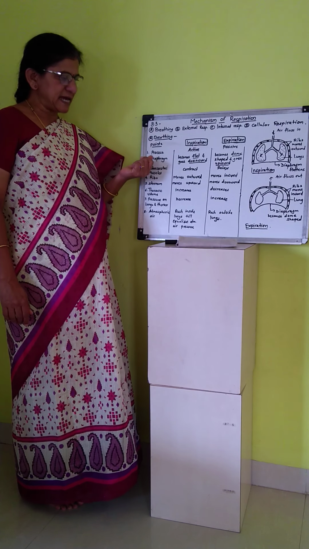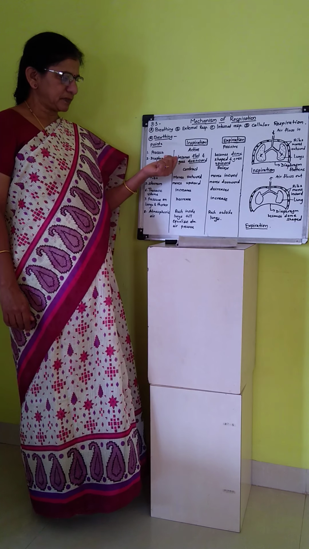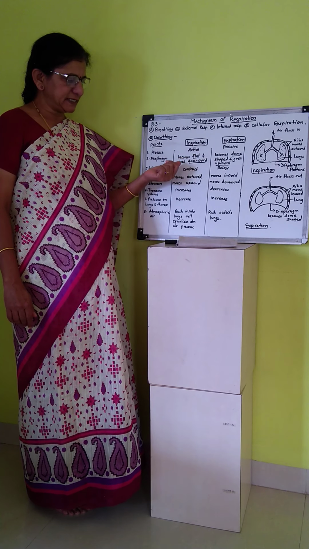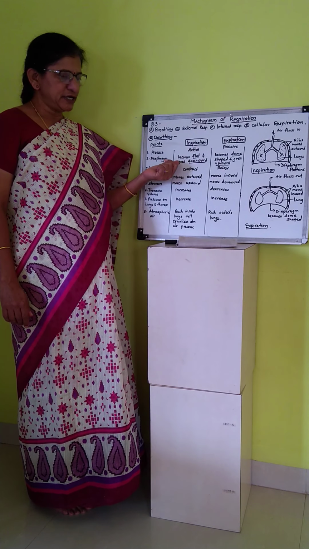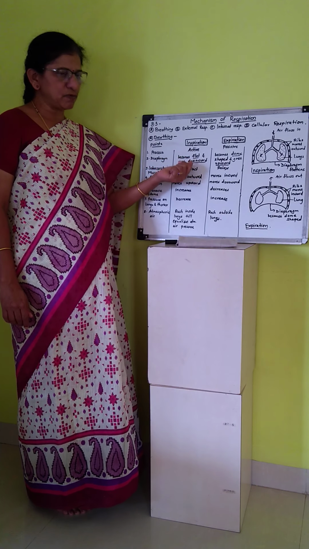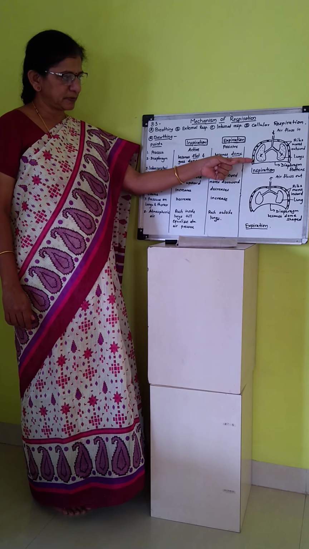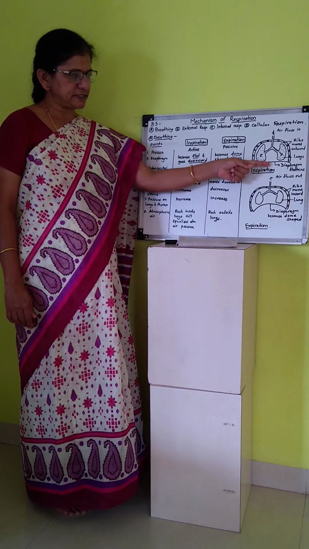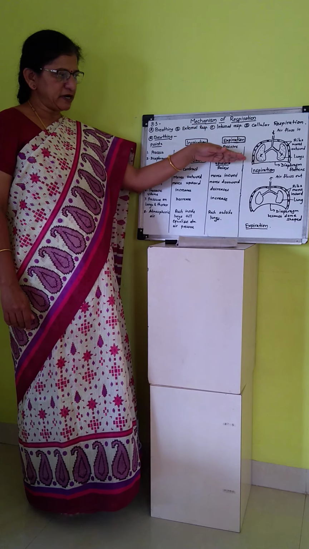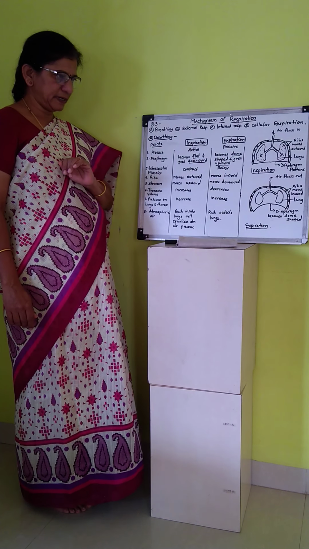The muscles of this diaphragm during inspiration contract and become flat, and hence due to its contraction the overall diaphragm goes downward. So you can see in this figure. The diaphragm flattens and the movement of the diaphragm is downward. Okay?